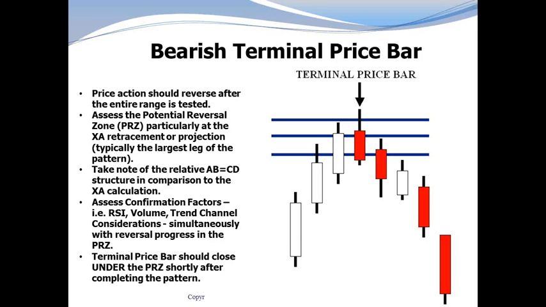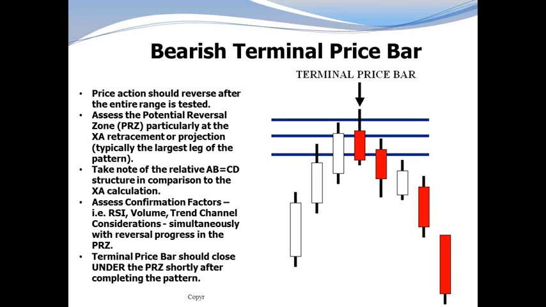Now, a bearish terminal price bar must exhibit the same behavior. Price action should reverse after the entire range is tested, and it's important to assess the potential reversal zone, particularly at the XA retracement or projection, again, typically the largest leg of the pattern. Take note of the relative ABCD structure in comparison to that XA calculation.